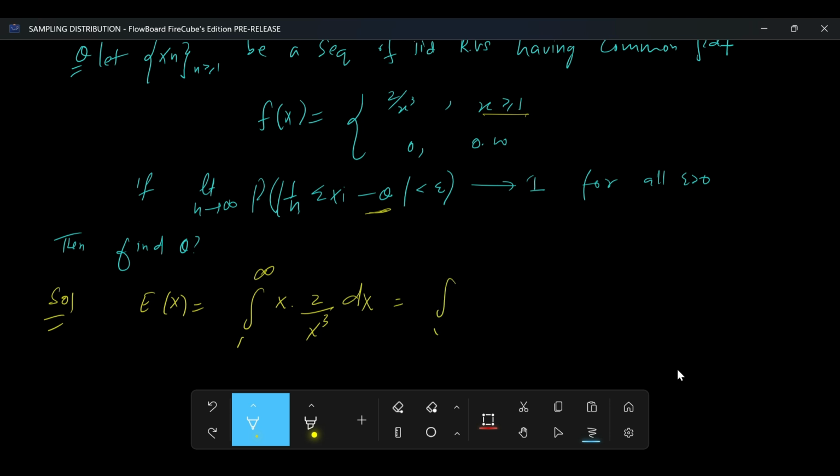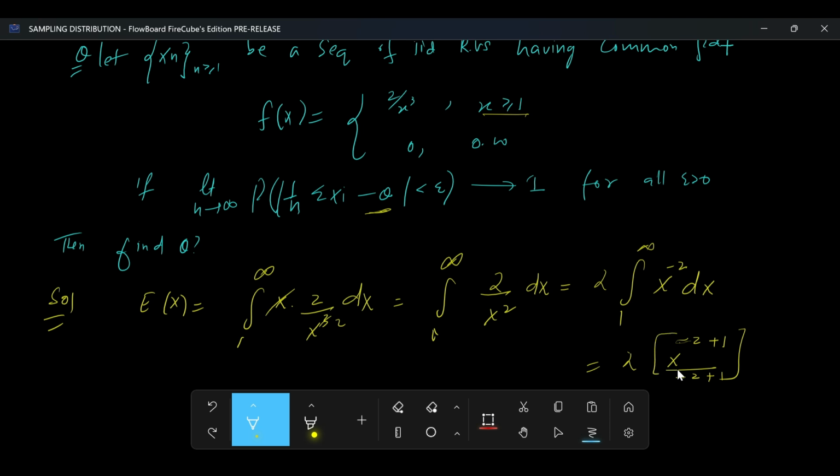This x and this x cancel, so this will be 2 by x square dx. So this will be 2 times the integral from 1 to infinity of x to the power minus 2 dx, and you know how to solve this integration. That's x to the power minus 2 plus 1 over minus 2 plus 1, from 1 to infinity. This is simply equal to 2.